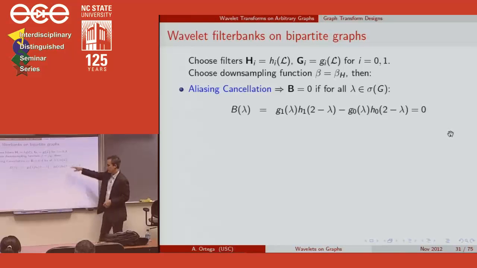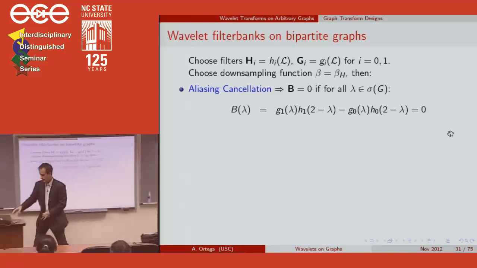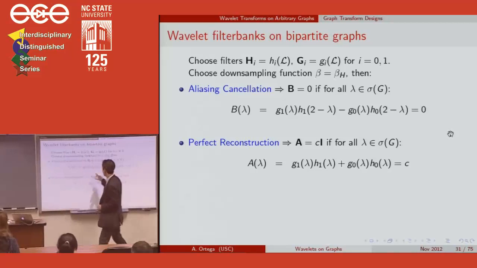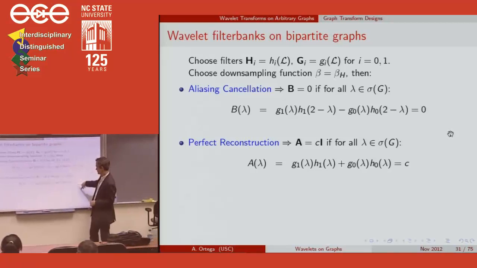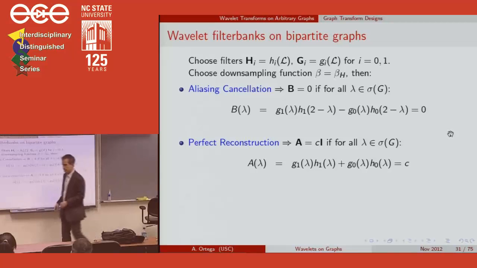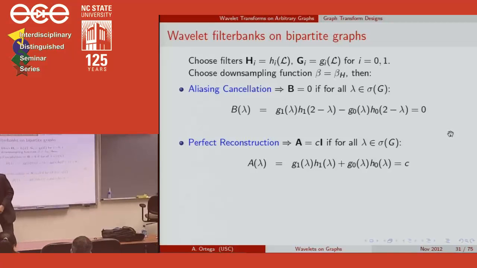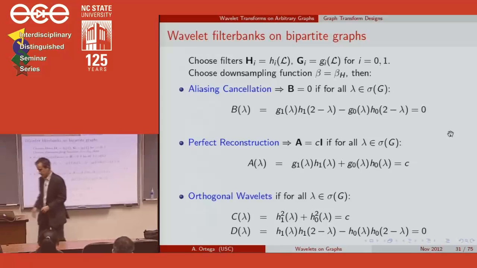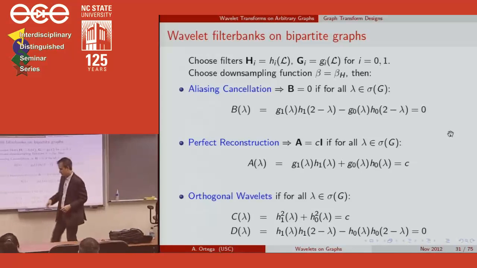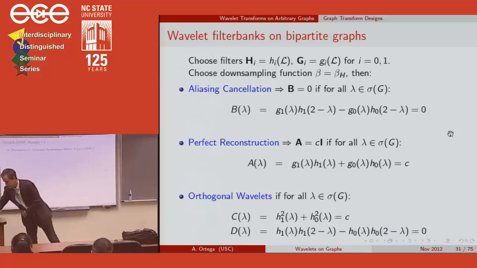And then you can write all these equations in the lambda domain, and this is equivalent to saying that the second term has to be 0, and this other term, for it to be identity, has to be a constant. And for the orthogonal case, you would get the solution. So let me talk about what the solution would be.